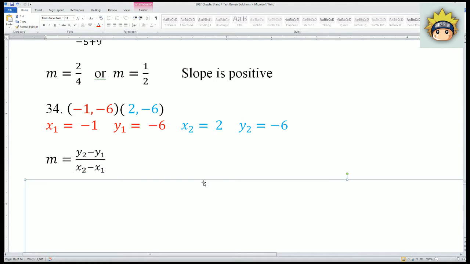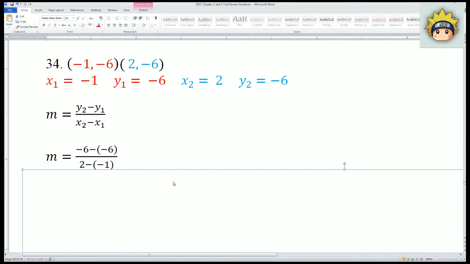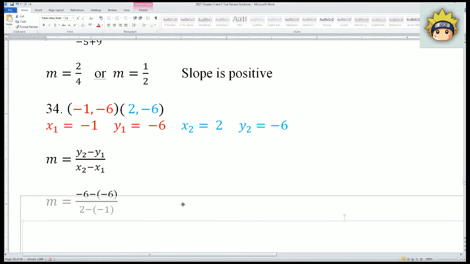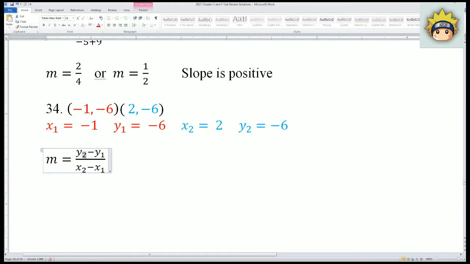m is equal to y2 minus y1 divided by x2 minus x1. Right? So let's make that substitution. Let me show you the substitution if you want to see how it works. You see y2 here?